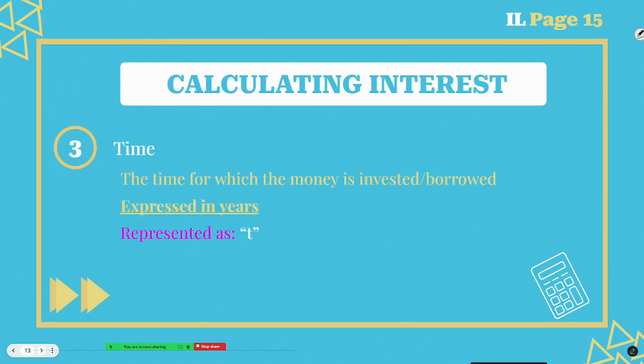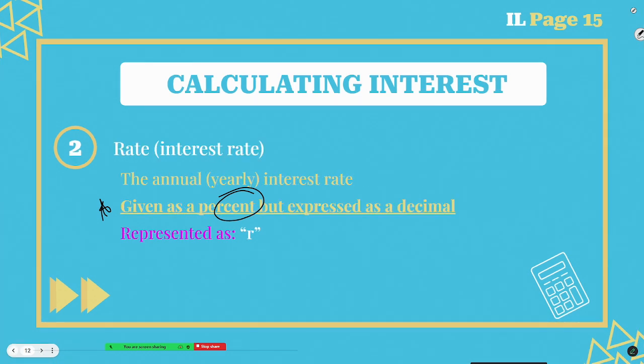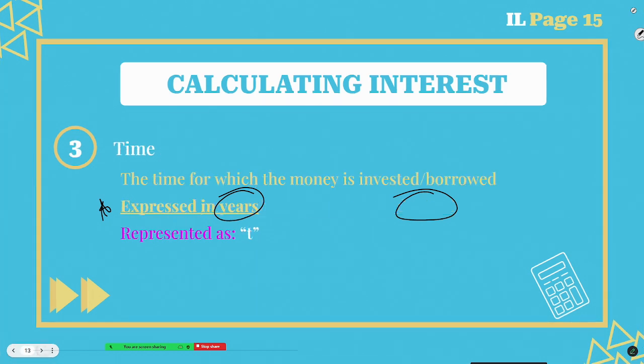The last part of the formula is T. The lowercase t represents time, and it is the time for which the money is invested or borrowed. The important thing to remember is it is expressed in years. It always has to be represented in years. Much like the rate has to be expressed as a decimal, time has to be expressed in years.